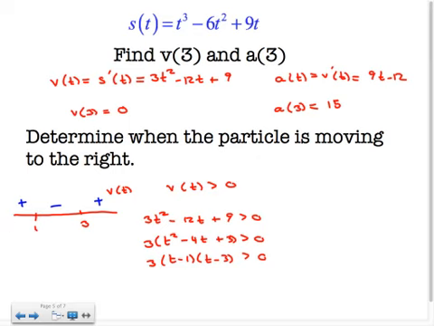So the particle moves right on intervals where the velocity is positive, left on intervals where the velocity is negative. Since we didn't have any restrictions here, we'll say negative infinity to 1 and 3 to infinity. A lot of times the domain gets restricted because you think of t being time, but that doesn't always have to be the case.